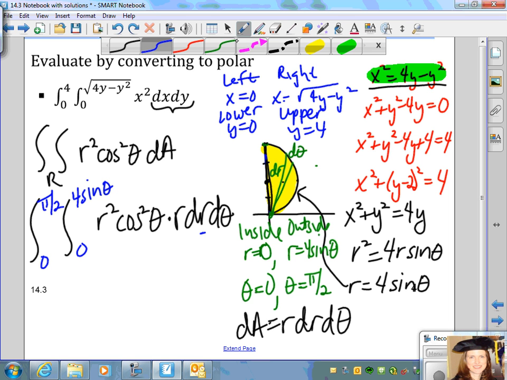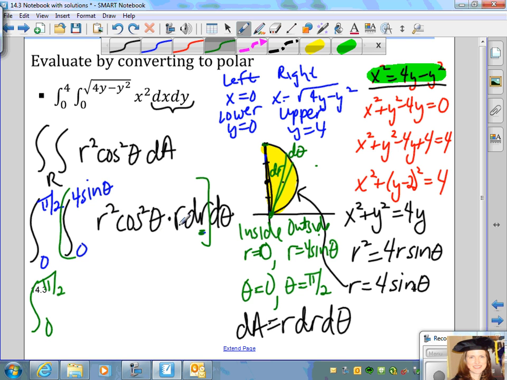Now we're ready to evaluate this because everything has been converted into polar. So let's start with the inside. The inside here is in terms of r. The differential dr will indicate that we're going to take the antiderivative, treating r as a variable and theta as a constant.